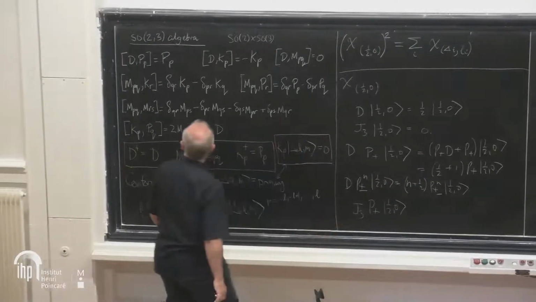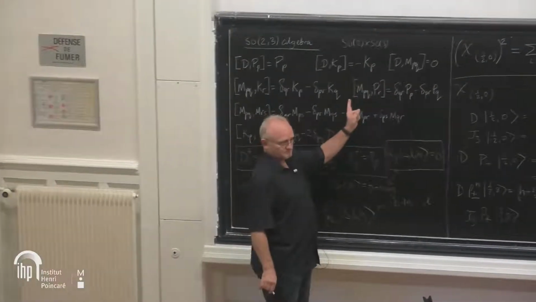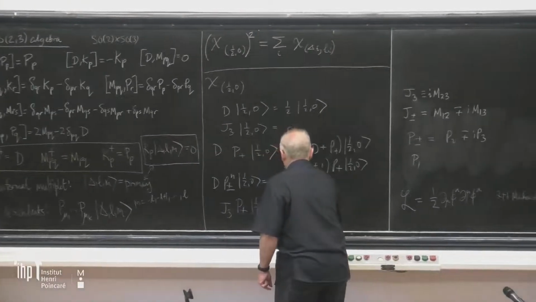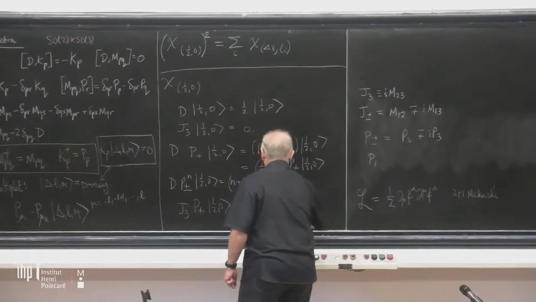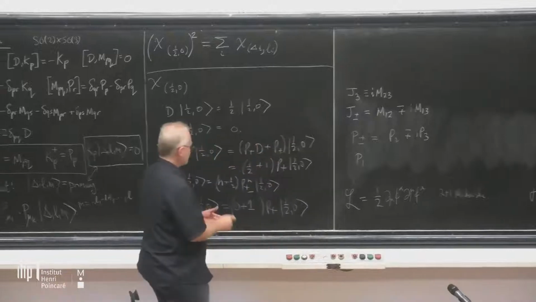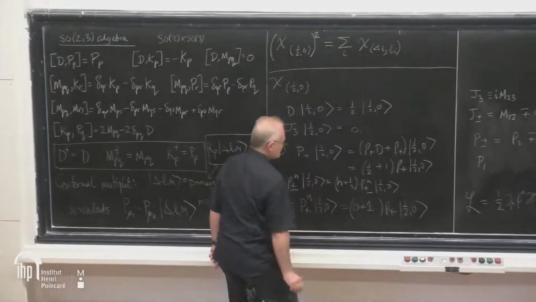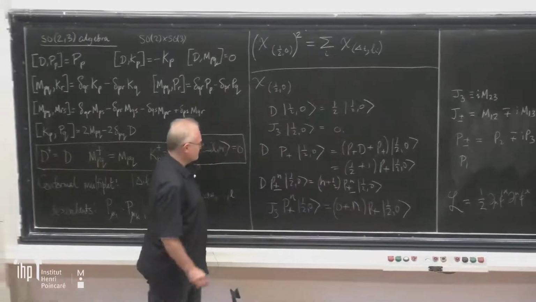This one you will get by using the commutator between P and M. And what you will get is naught plus 1, P plus 1/2 naught. And if you had raised this to the power of n, well, that would have been an n.